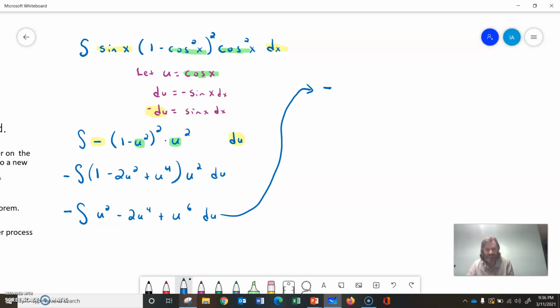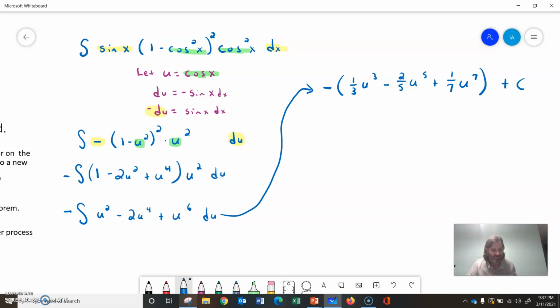So there's a negative out front. You'll get 1/3 u cubed minus 2/5 u to the 5th plus 1/7 u to the 7th. There'll be a plus c out here.